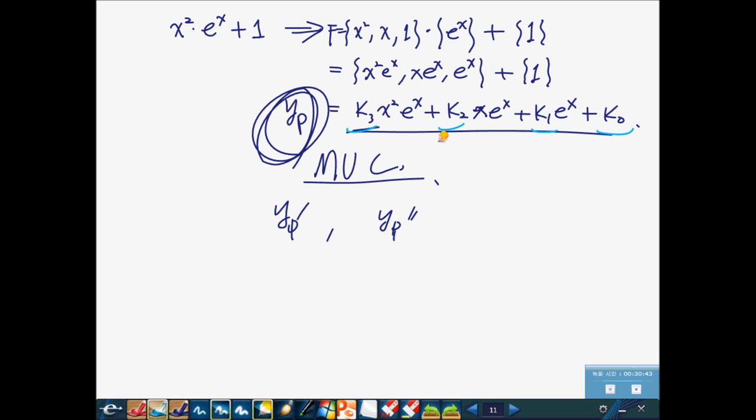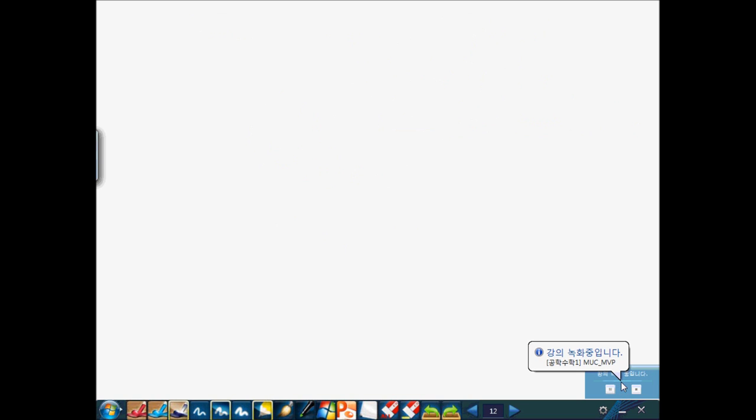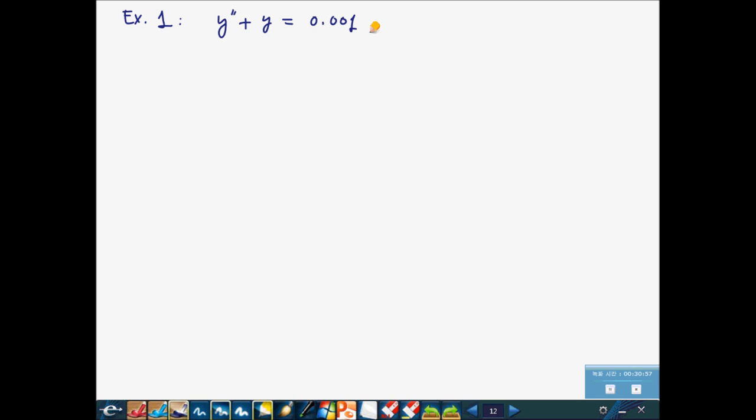One last thing to remember for the MUC. So the differential equation is given like this: y double prime plus y equals 0.001 x squared. Okay, and you have to do YH first, right? All the time, right away.